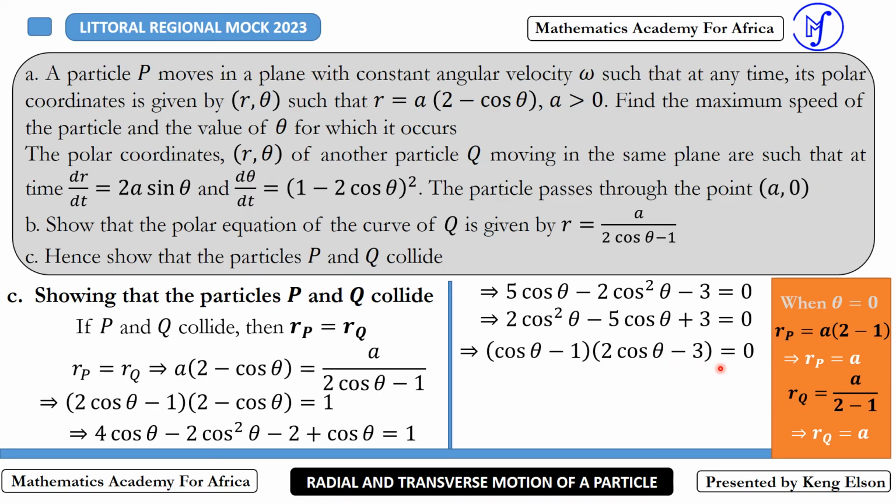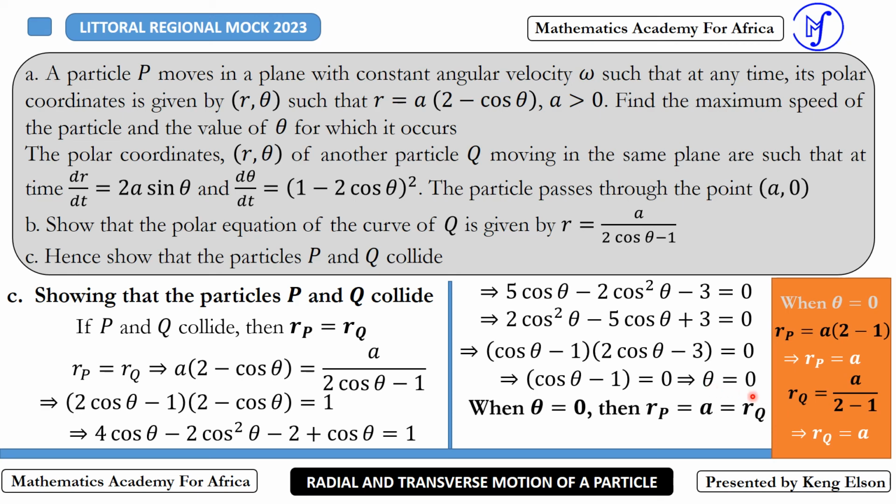Cos theta cannot be 1.5 because the maximum value of cos theta is 1. So this product is equal to 0 if cos theta minus 1 is 0. Cos theta minus 1 being equal to 0 means that cos theta will be equal to 1, and cos theta being equal to 1 means theta is equal to 0.